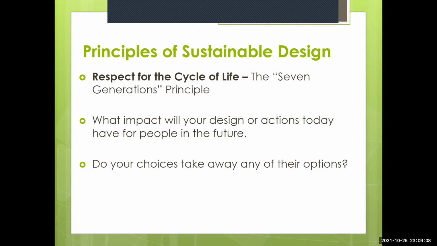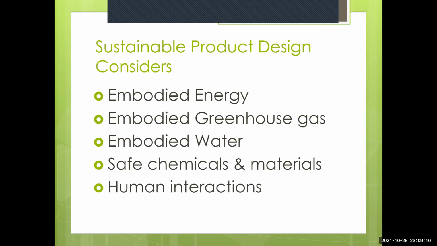So I think I'll just kind of go through these. I kind of described them. And I talked a little about embodied energy. Embodied greenhouse gas, you can find for any material that you decide to use for your table information on the embodied carbon in that stuff.